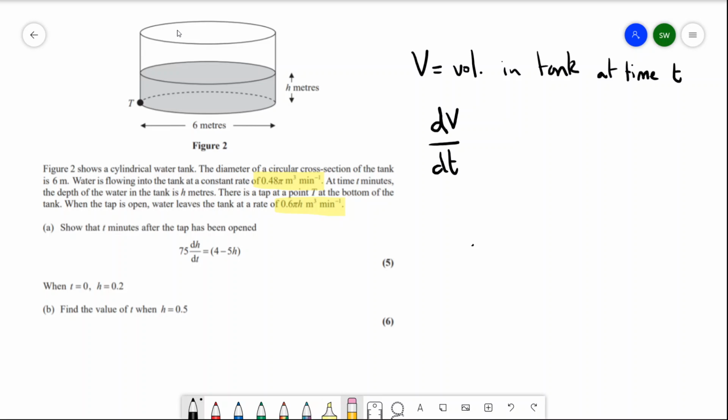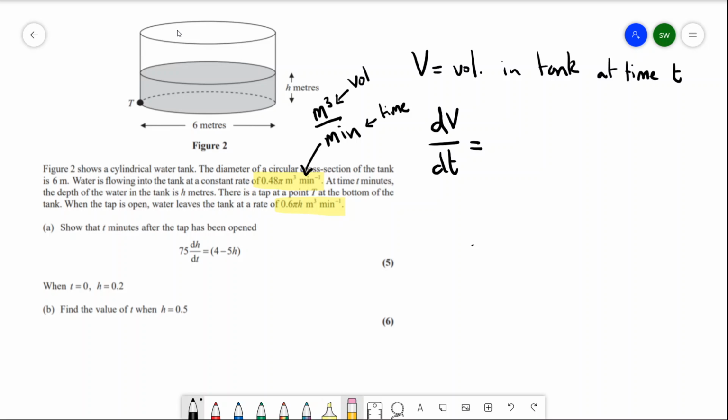And a little tip, if you ever get confused what derivative these are related to, look at the units. So this is meters cubed per minute. So on the top, we've got something to do with the volume, and on the bottom, we've got something to do with time, a unit of time. So this is how is volume changing with time, which is why it's dV by dt.